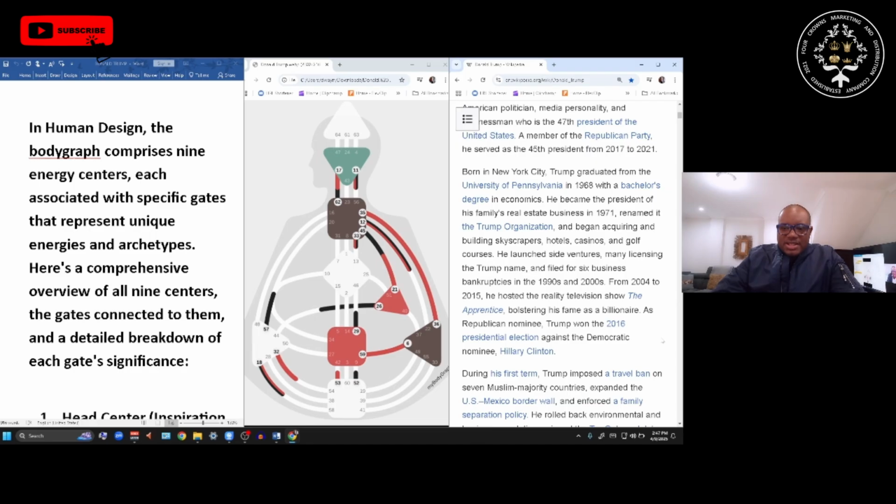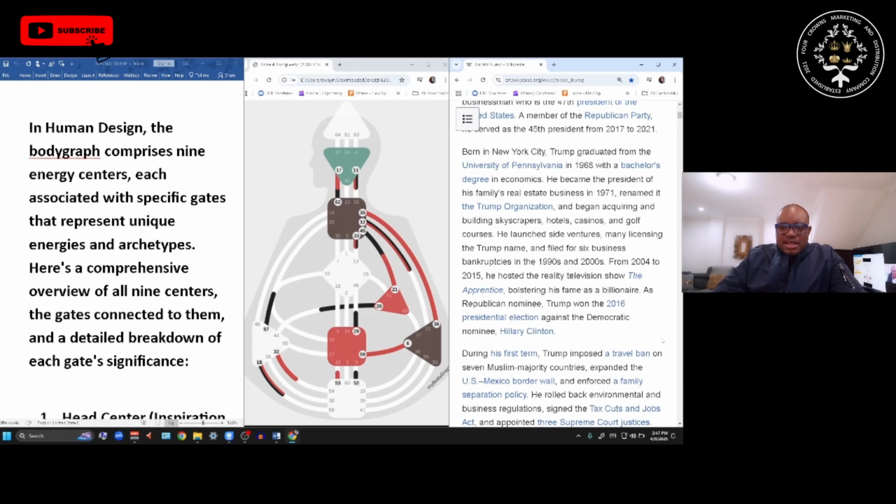So he took over his family's business, which I believe his dad gave to him, renamed it the Trump Organization, and began acquiring and building skyscrapers, hotels, casinos, golf courses, etc. It says here he launched some side ventures, many licensing the Trump name, and filed for 6 business bankruptcies. So there's a lot of trial and error in there.